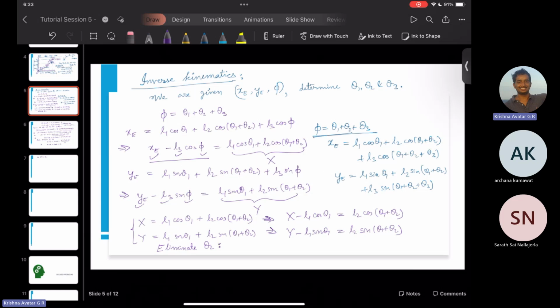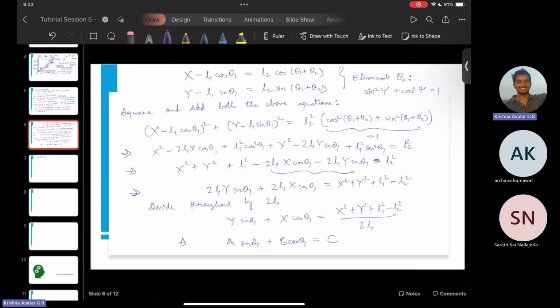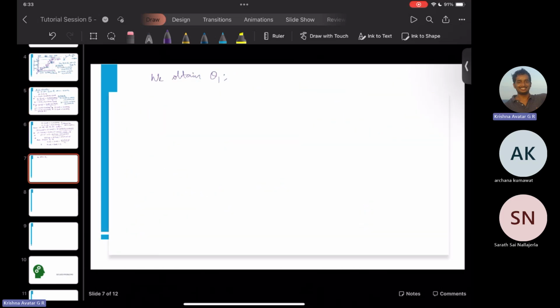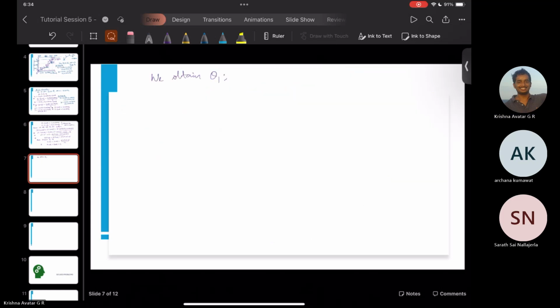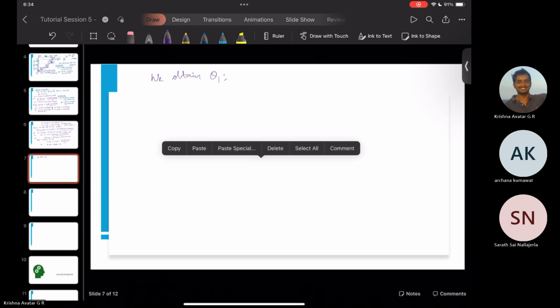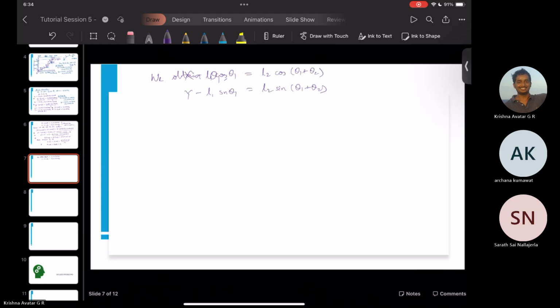So now once we have this, then what we'll do is we will use these two equations here, right?